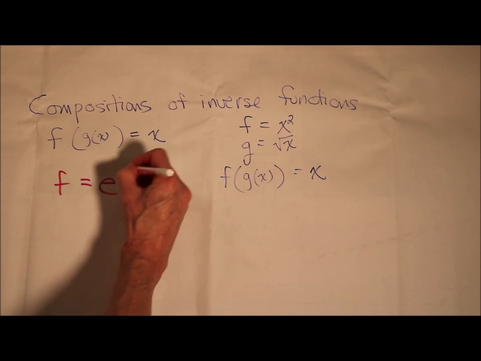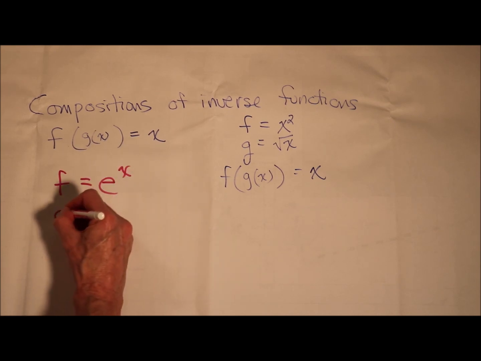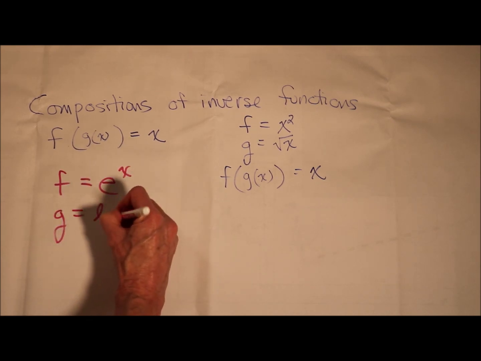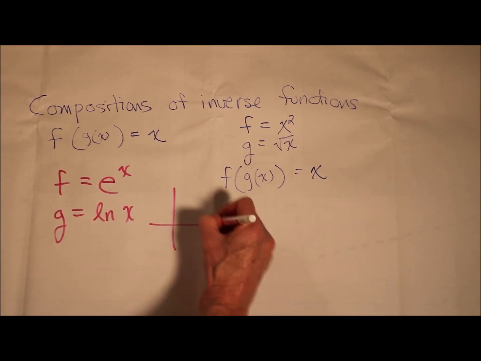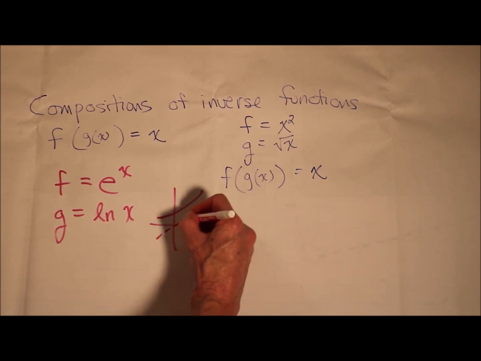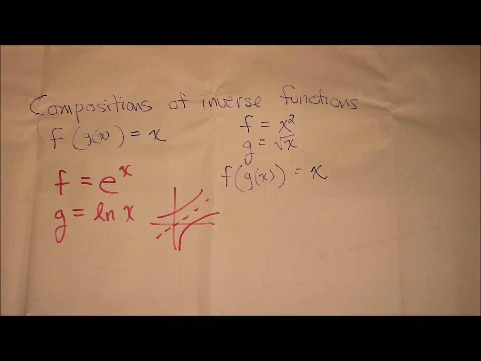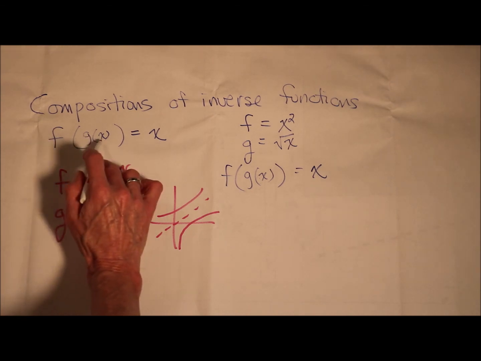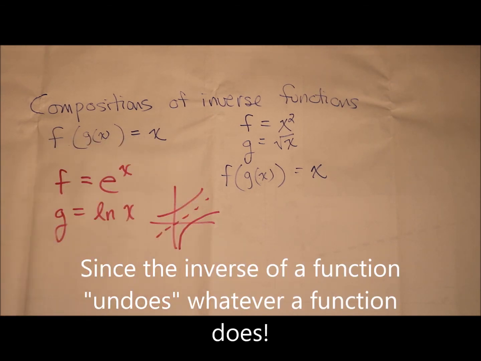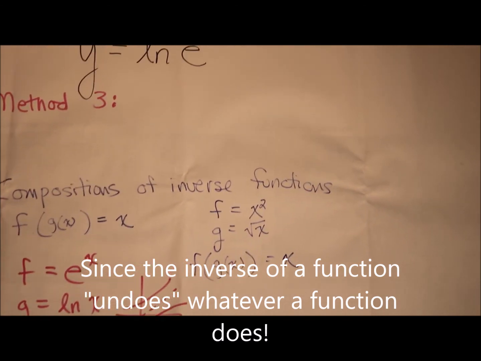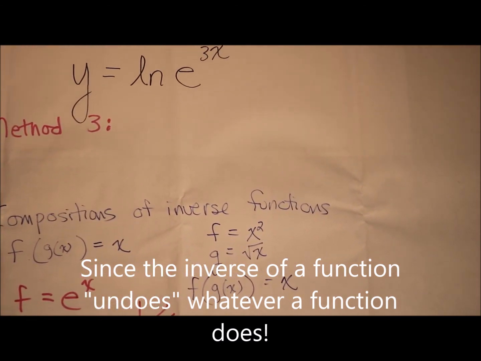If you recall, if I have a function e to the x, its inverse is the natural log of x, right? Here's e to the x, here's y equals x, there's natural log of x. They're inverses of each other. So if I do f of g of x, whatever I put in, I'm going to get out. Does that help you now with method 3 of this function?